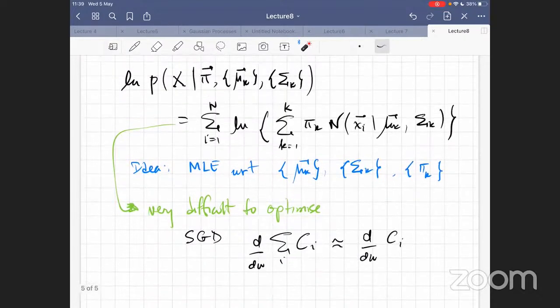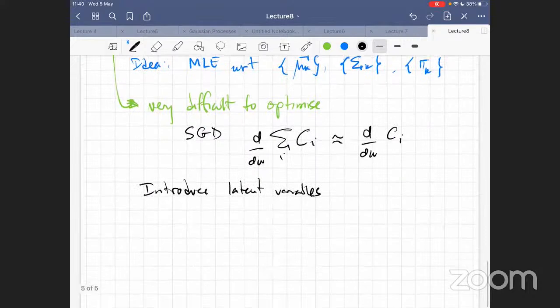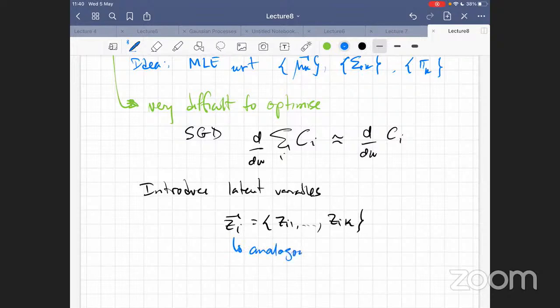So there is a very nice idea in order to cope with this, which is the following. The idea is to introduce some latent variables z, one for each point, z_i1, ..., z_ik, one for each data point, and they are actually analogous to the previous method of k-means, to the r_ik that we saw in k-means, in the sense that they are giving you some sort of membership.